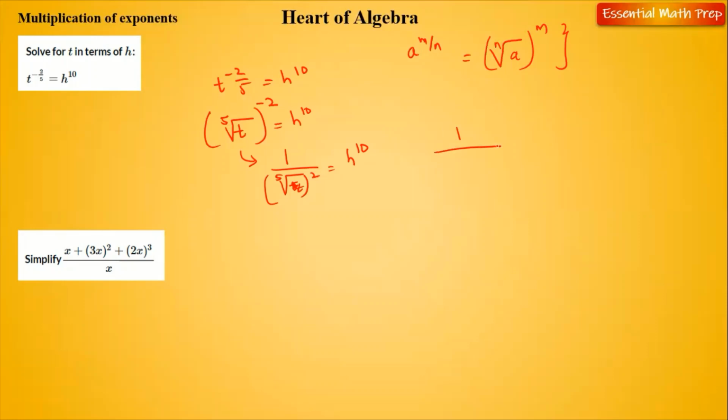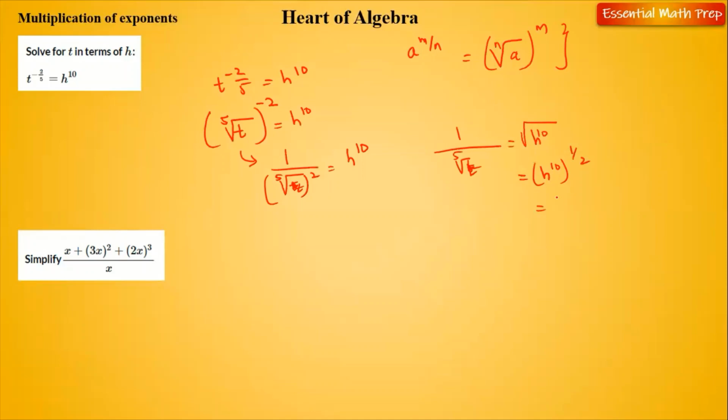So that means we will now have the square root of t power 5 equals h power 10 raised to the power half. Let's just leave it this way for now. Now we've at least exposed this.